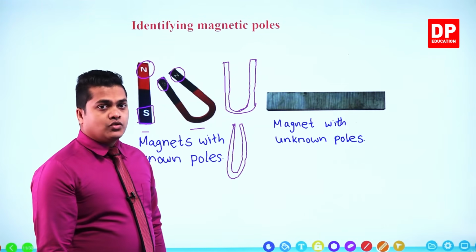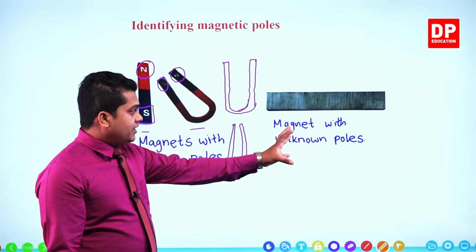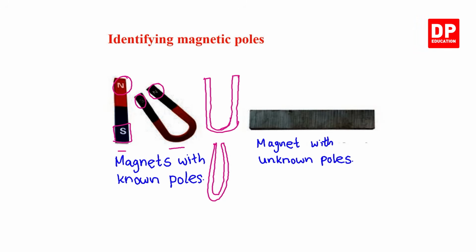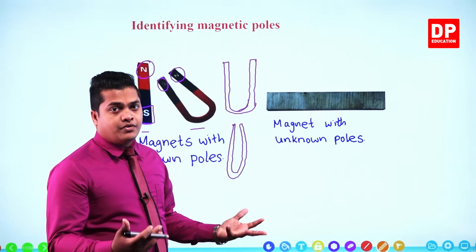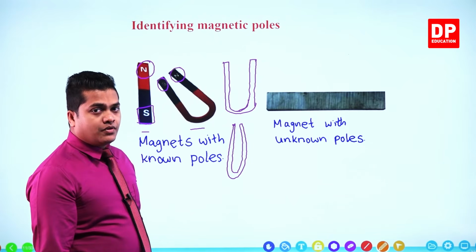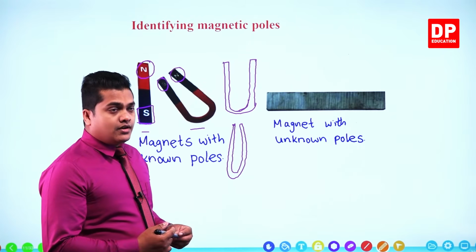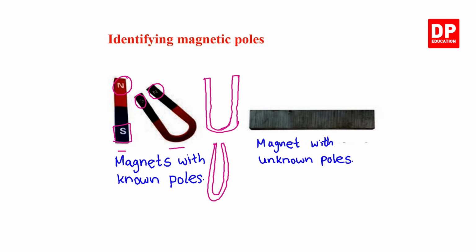Here those things are not marked. So this magnet, we don't know the poles. It is a magnet that has unknown poles. In the case of these two magnets, we can observe the poles clearly because they are printed or marked on the magnet.